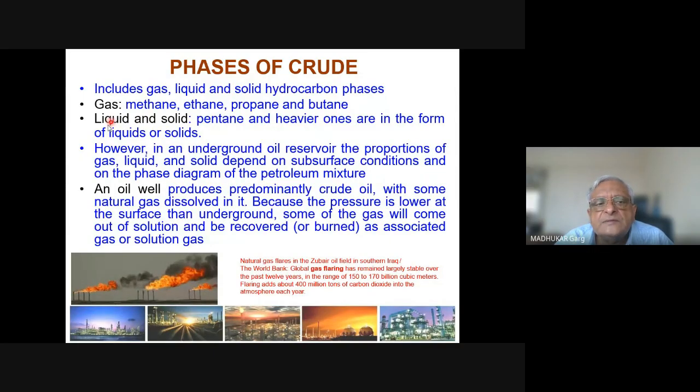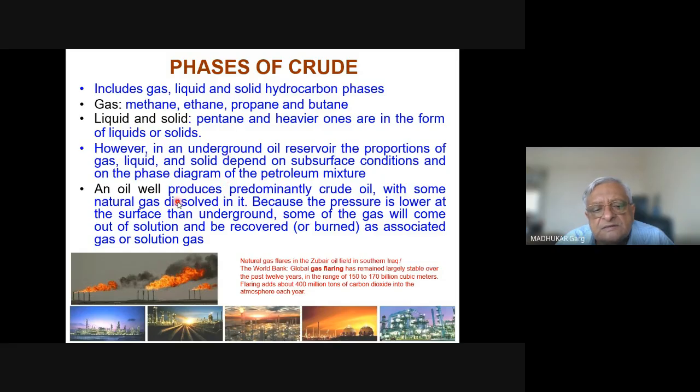Then the middle fraction, the gasoline, diesel, etc., which is liquid. And then the bitumen part, which is solid at room temperature, the short residue and so forth, but it is dissolved in the crude oil.